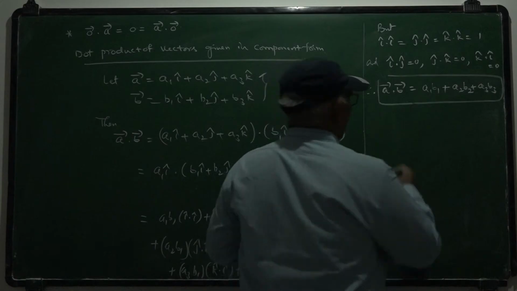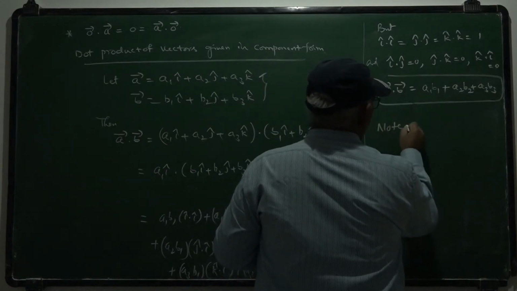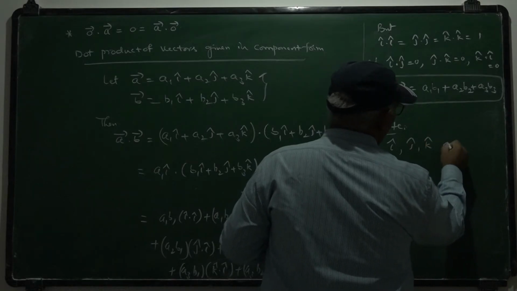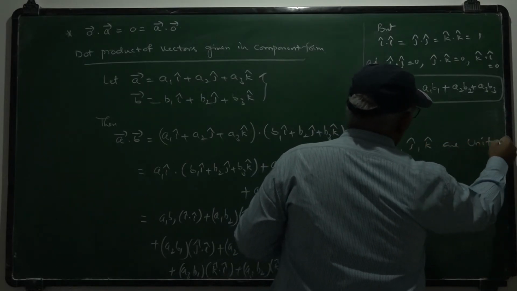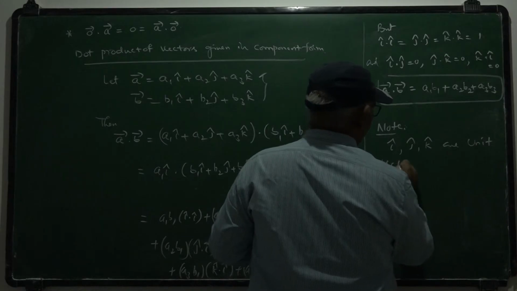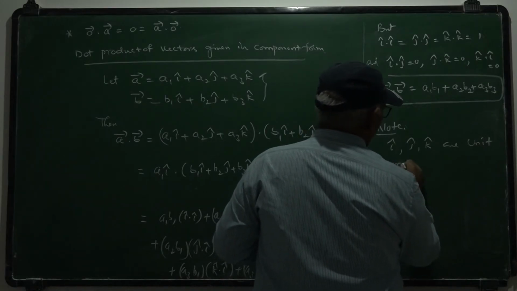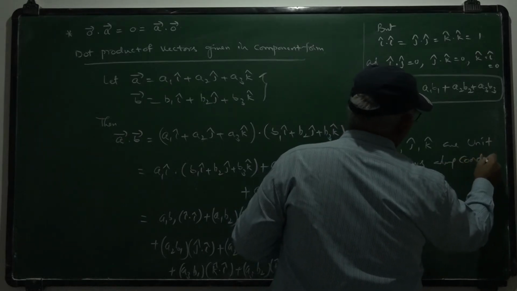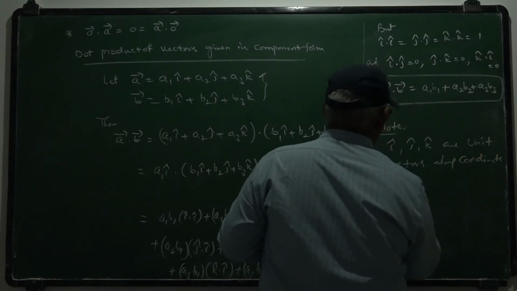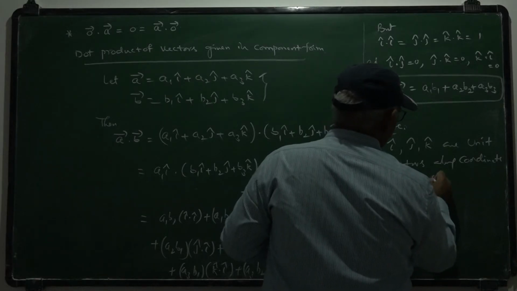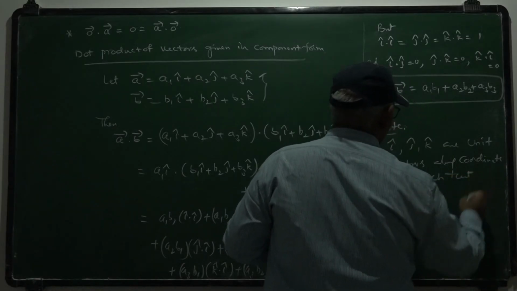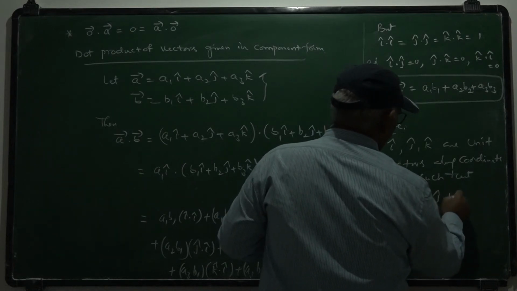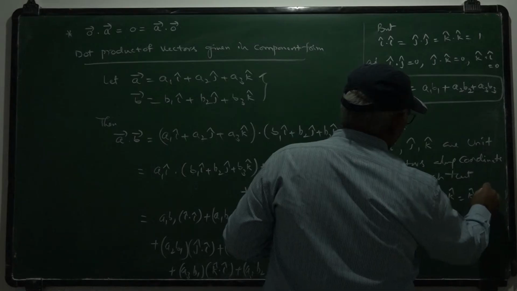Here, note this point. I, J, K are unit vectors along the coordinate axes such that I dot J equal to J dot K equal to K dot I equal to 0.